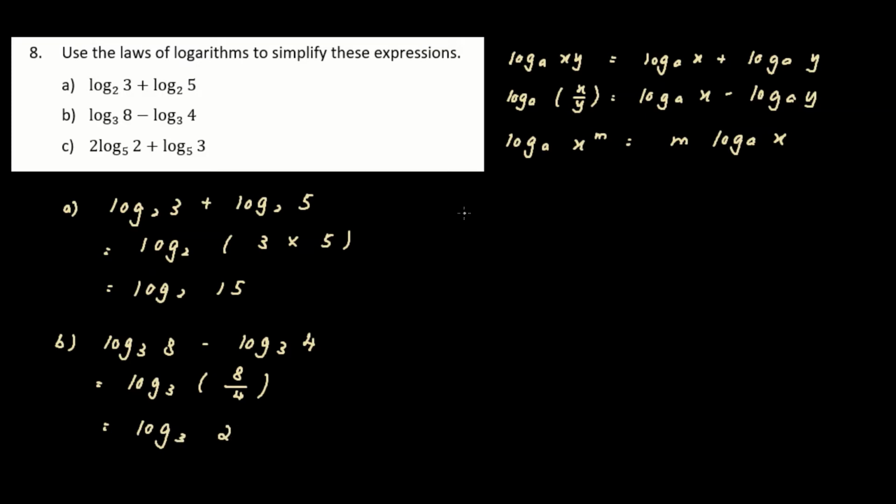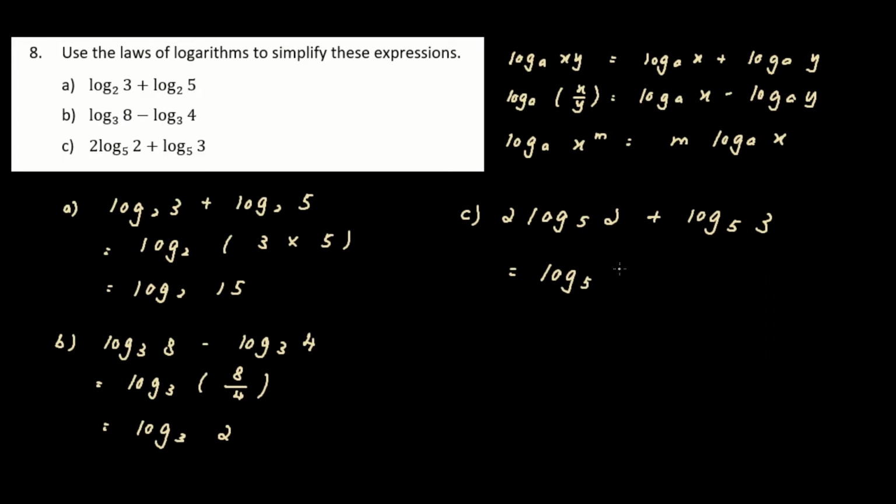Okay, so C, 2 log 5, 2 plus log 5, 3. This is plus, so we know we need the multiplication law, but we have a 2 in front of the log 5. So we need to use the index, the power law, to bring the 2 to be the exponent.